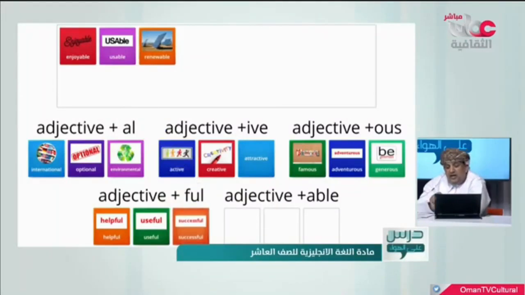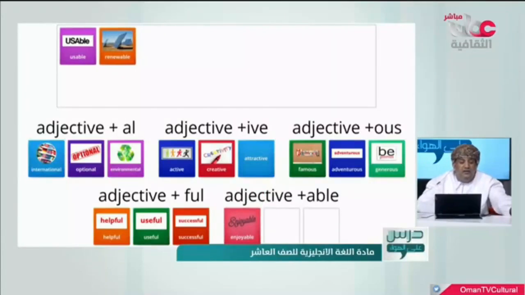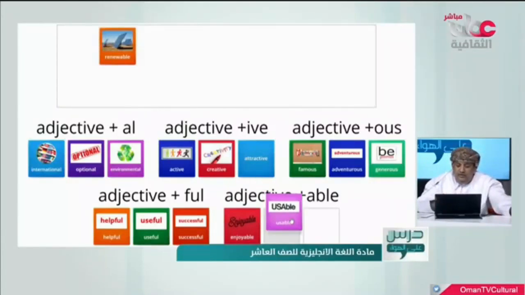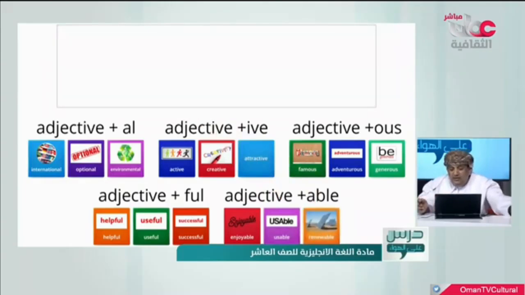Now we have 3 adjectives that end in a-b-l-e, able. For example, here, enjoyable, here usable, and the word renewable. I want you to memorize these adjectives because you are going to use them in your skills book. I want you to memorize them.